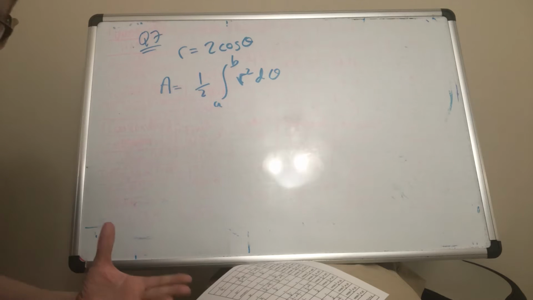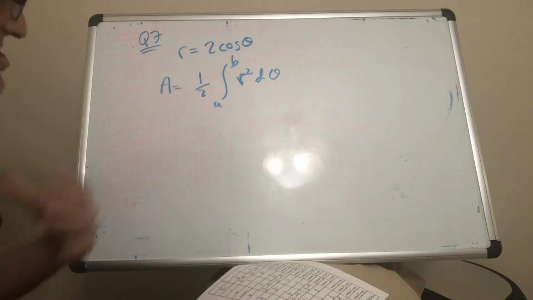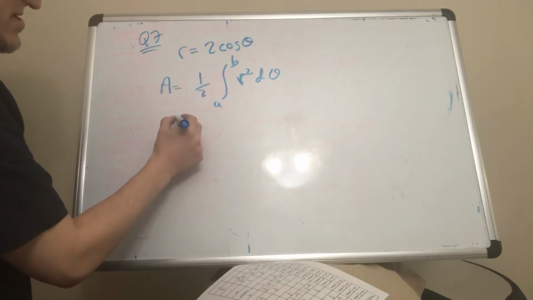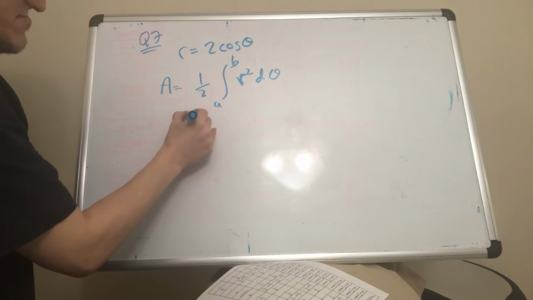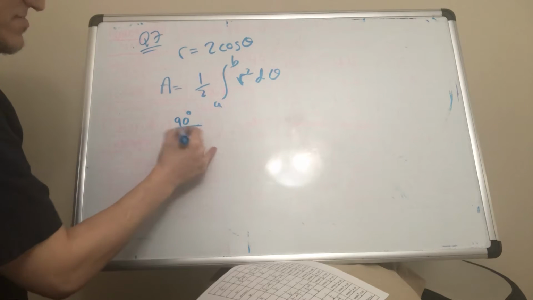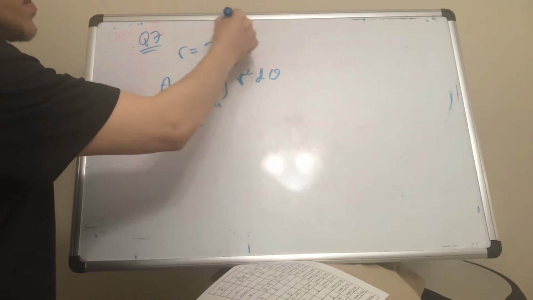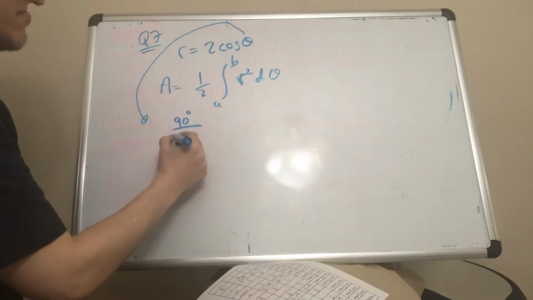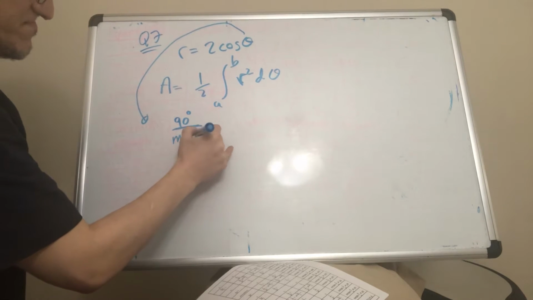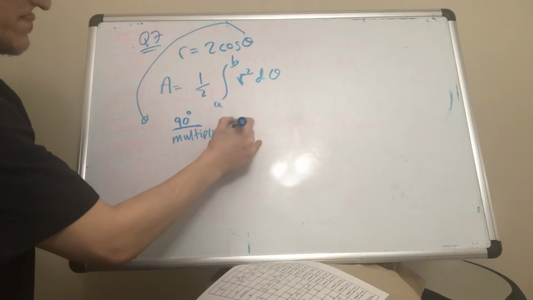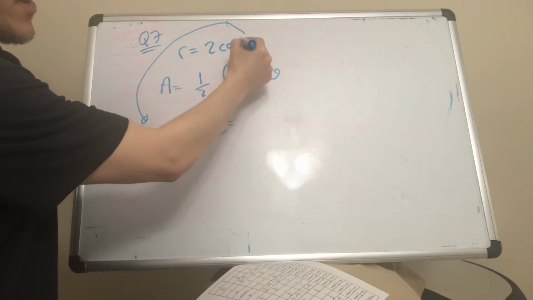I don't know if he went over this in class, but it's preferred that you actually try and sketch it. The way to sketch it is you start with 90 degrees over whatever the multiplier is, like the number in front of the theta here.